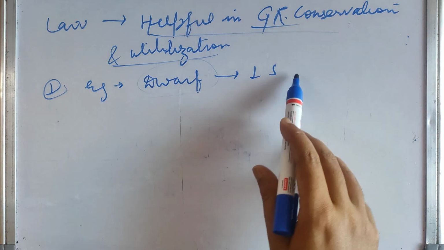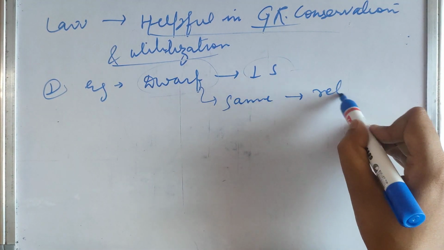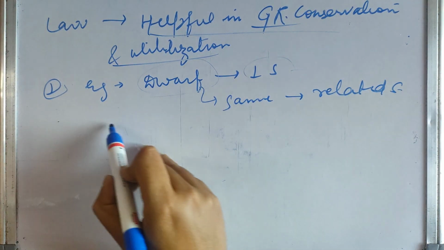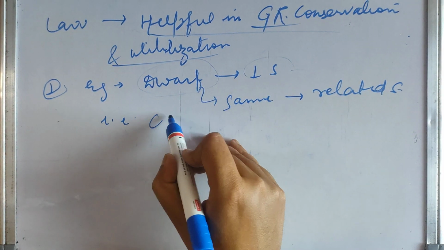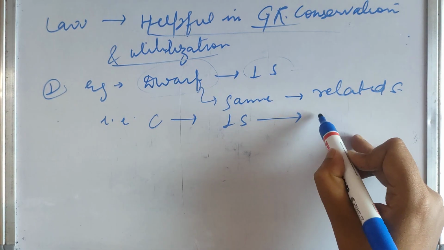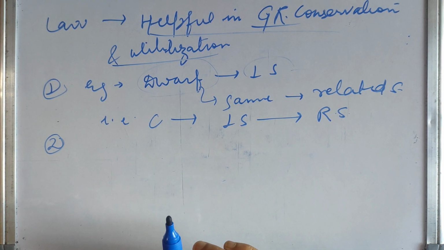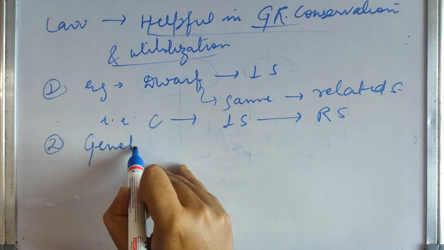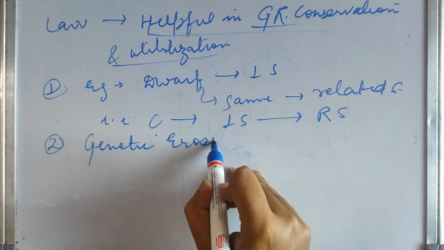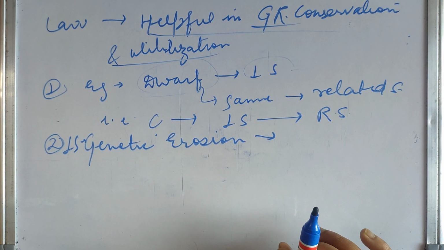That is, characters found in one species also occur in related species. Secondly, if a species in an area suffers genetic erosion, it can be restored using its wild relatives using the introduction method.